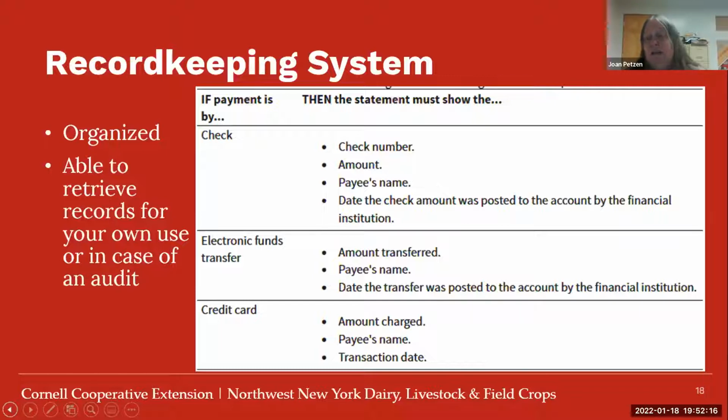It depends on the volume of your business whether you do that daily, weekly, or monthly. But the more business you do, the more frequently you need to reconcile your petty cash against the receipts that you've spent.